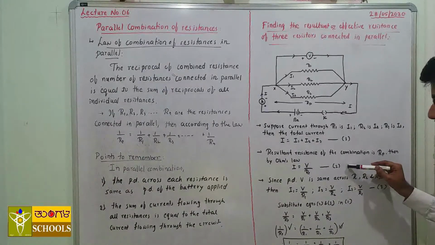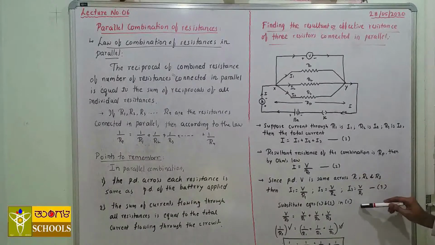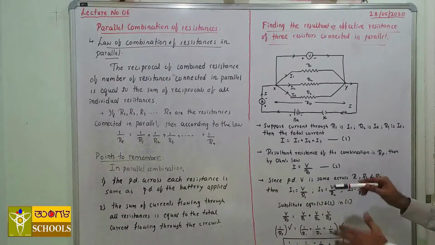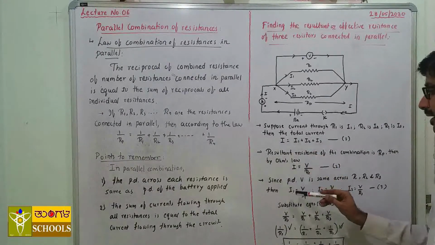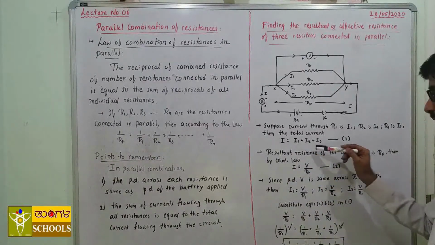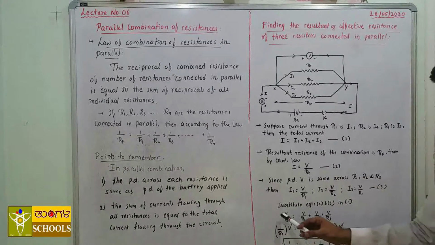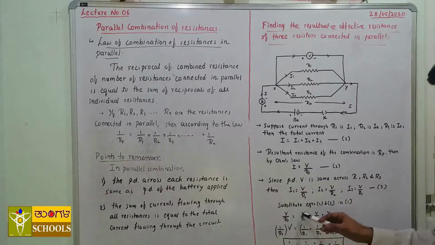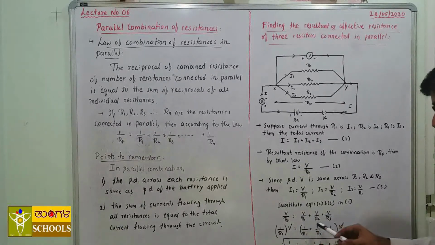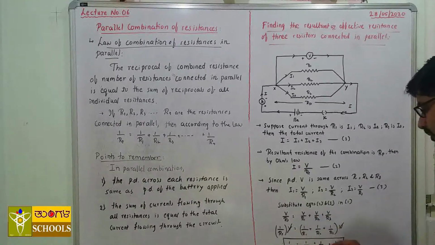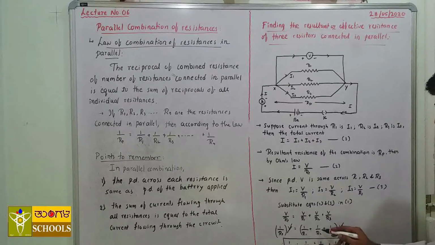So from equations 2 and 3, substitute these values into equation 1, which results in V by RP is equal to V by R1 plus V by R2 plus V by R3. I am just rearranging things: V by RP is 1 by RP into V, and I am taking V as common, leaving 1 by R1 plus 1 by R2 plus 1 by R3.